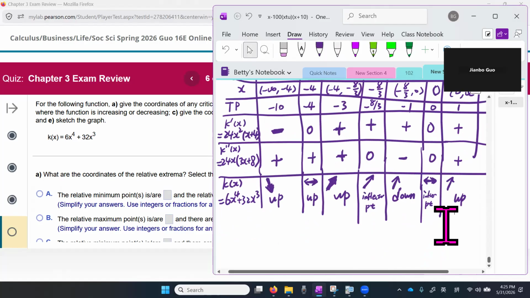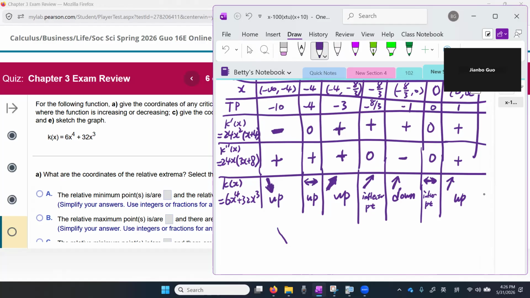So this chart tells us the shape of the function is decreasing and has a relative minimum, and then increasing and concave up. Then the concavity changes to down, but it continues increasing.